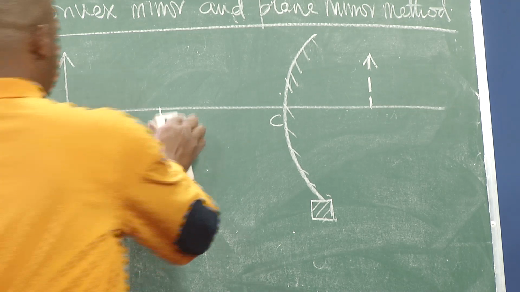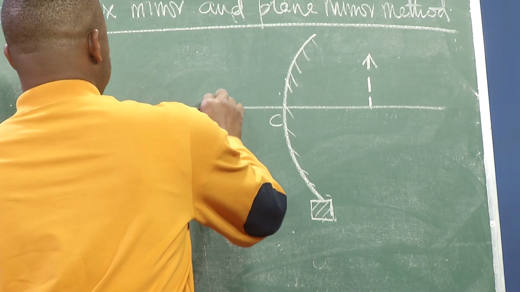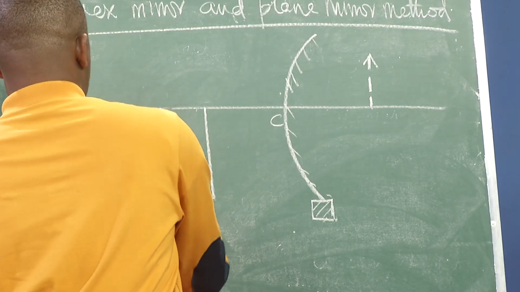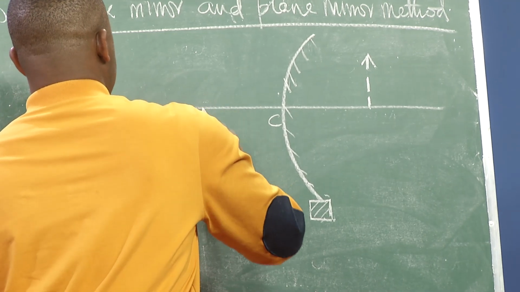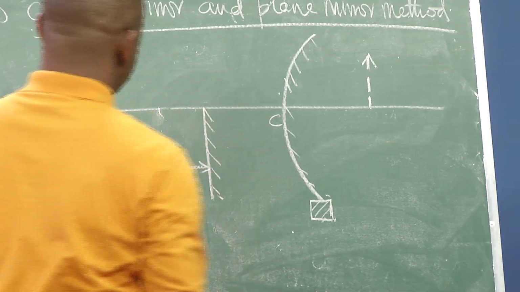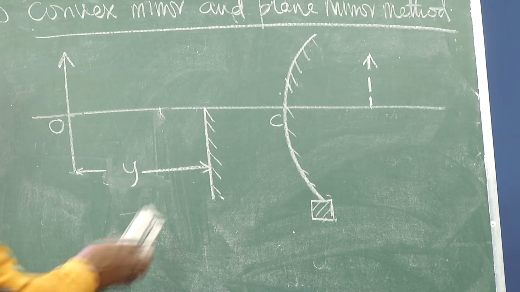Maybe I can shift this a little. It is so near, I can shift it a little so that there is some justification here. If we let the object be a distance y from this plane mirror, this plane mirror is going to be moved.